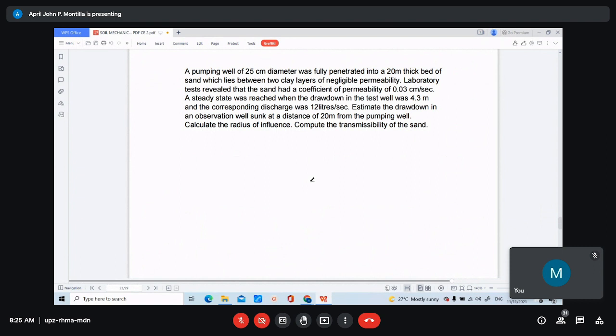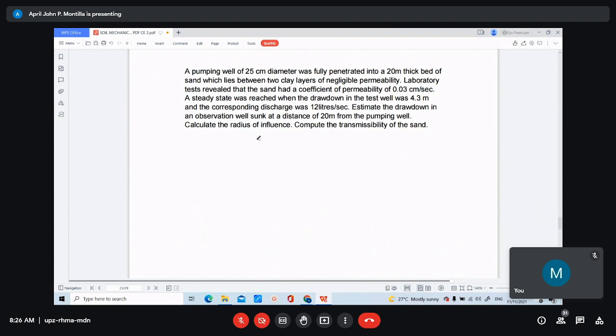A steady state was reached when the drawdown in the test well was 4.3 meters, and the corresponding discharge or flow rate was 12 liters per second. Estimate the drawdown in an observation well sunk at a distance of 20 meters from the pumping well. Calculate the radius of influence. Compute the transmissibility of the sand.